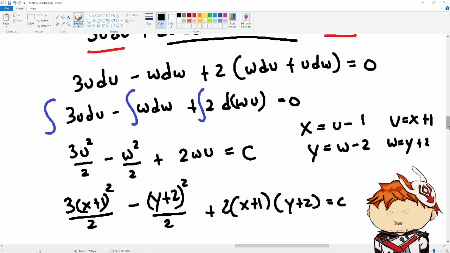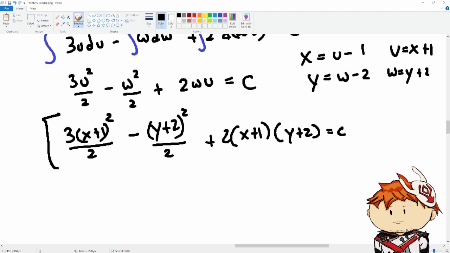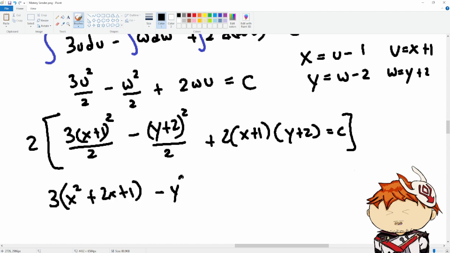Okay, I'm gonna multiply both sides by 2. So this will become 3(x squared plus 2x plus 1) minus (y squared plus 4y plus 4), oh, not 2, but 4, right?